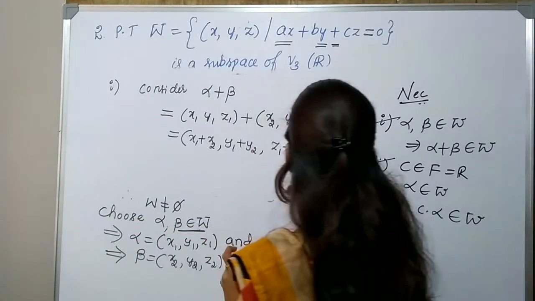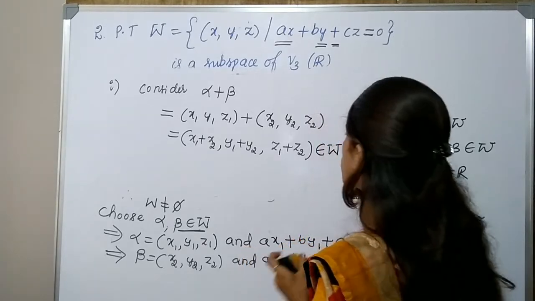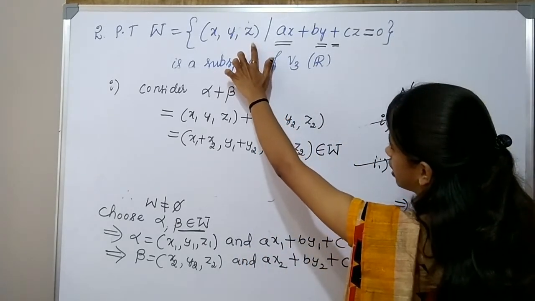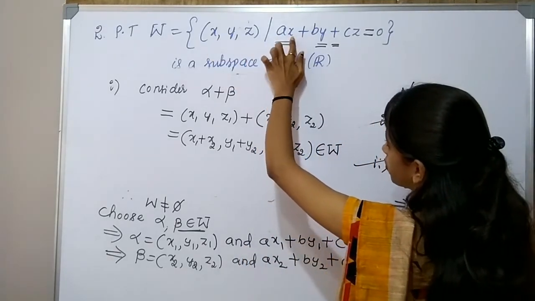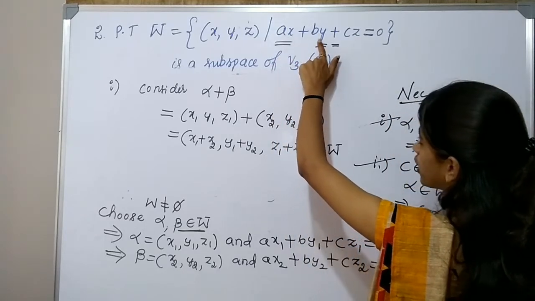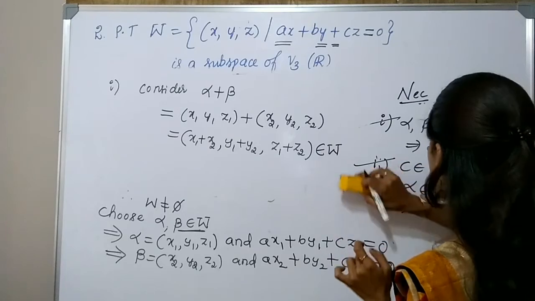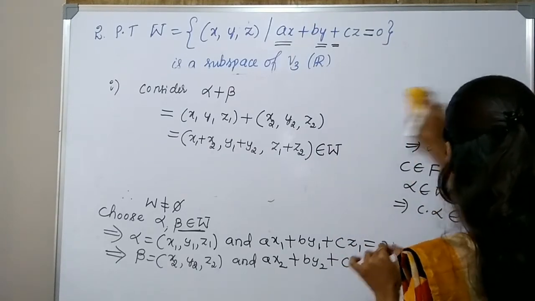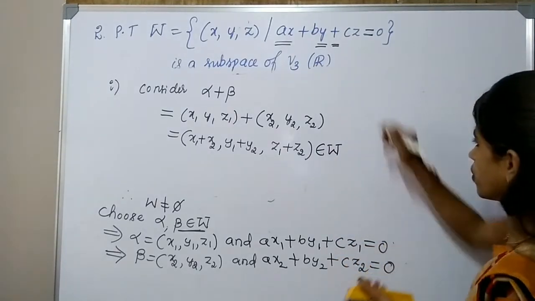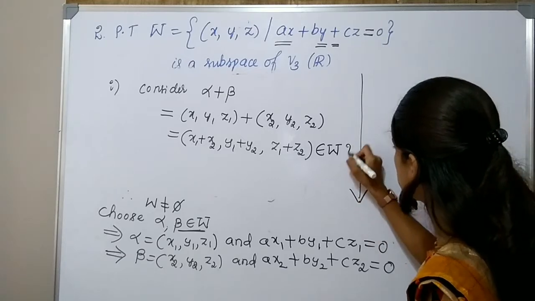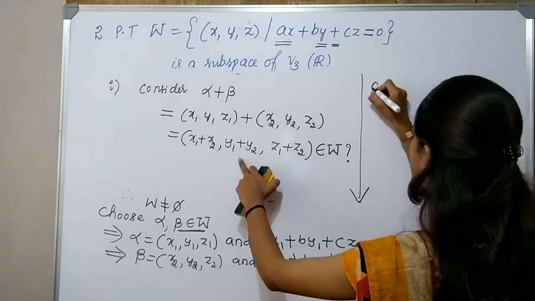Does it belong to W? To be in W, what is the condition? The triplet a into first coordinate plus b into second coordinate plus c into third coordinate must be equal to 0. So let's check that. See, a into what?